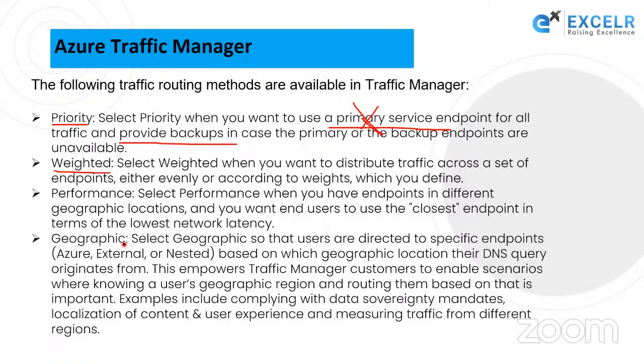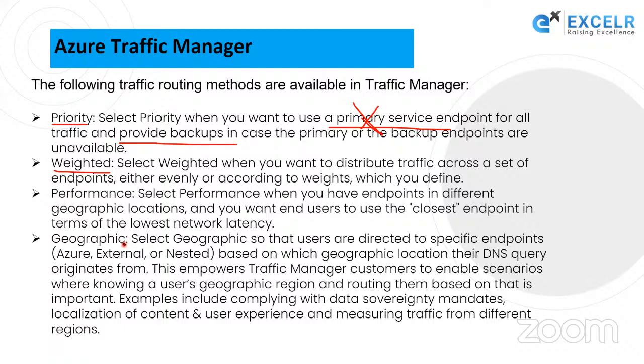So anybody trying to access that website from France or even Canada should get a site which is in French. But anybody sitting in US should get that website in English. Why? Because maybe fewer people speak French in US. That's the reason you want this website to be in English.